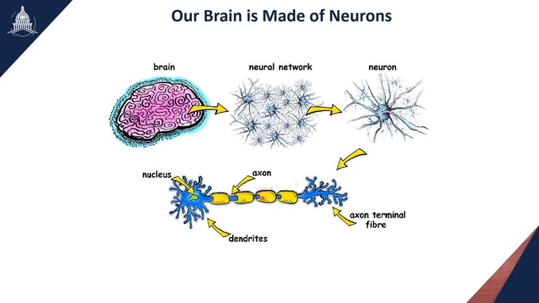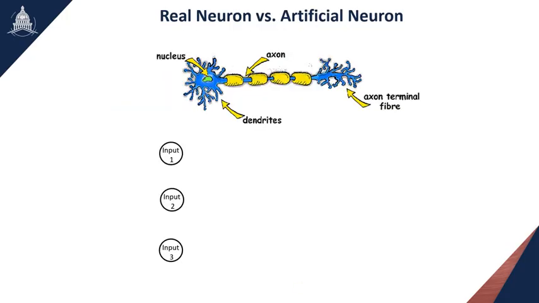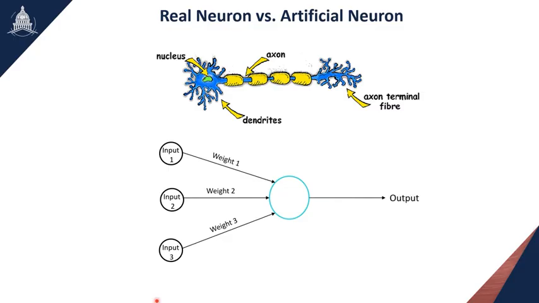The axon is a single long connection which carries the signal and then outputs it to the other neurons in the brain. Now, an artificial neuron mimics a real neuron. An artificial neuron will receive input as features, and then the neuron, if activated, will result in an output. So, an artificial neuron works similarly to a real neuron.